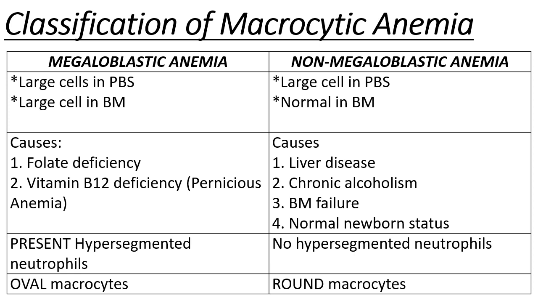Hindi lahat ng cause, major cause ng vitamin B12 deficiency ang pernicious anemia. Meron pa tong other causes. But, however, pernicious anemia will always eventually result to vitamin B12 deficiency.